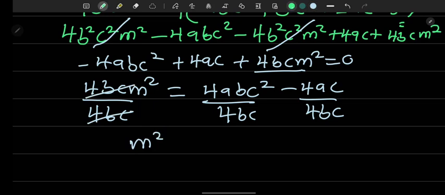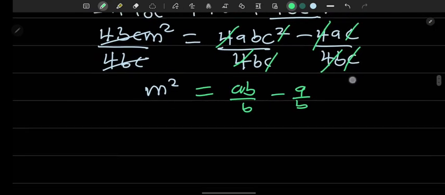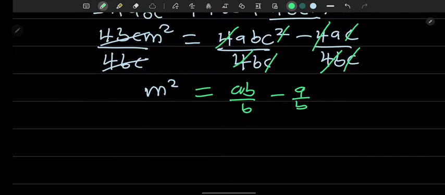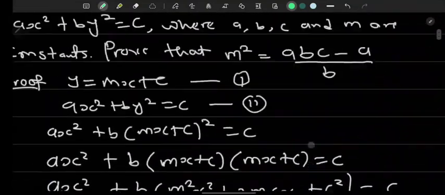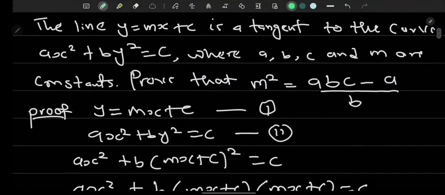The 4 cancels the 4, one of the c cancels, so we are left with (abc minus a) over b. And for that reason, don't forget one of the c cancels c squared, so you must have abc here. So now you have m squared equals (abc minus a) divided by b, and that is what you were to prove from the question.